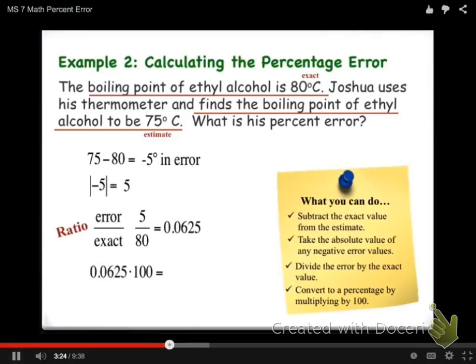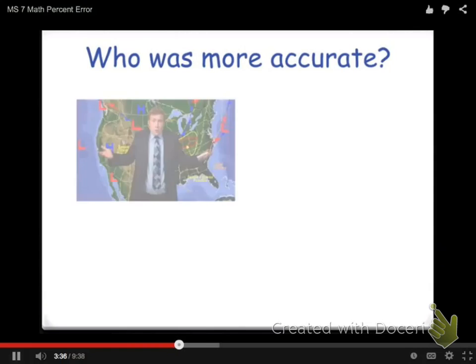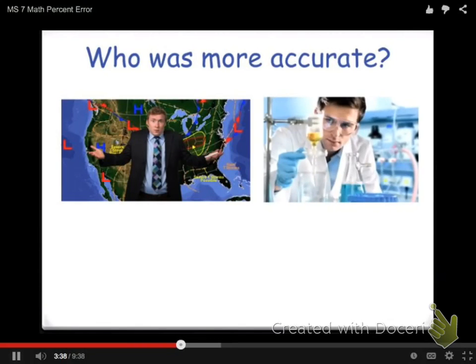625 ten-thousandths times 100 is equal to 6.25%. Now let's take a look at who is more accurate, the weatherman or the scientist Joshua. What was the weatherman's percent error? It was 50%.